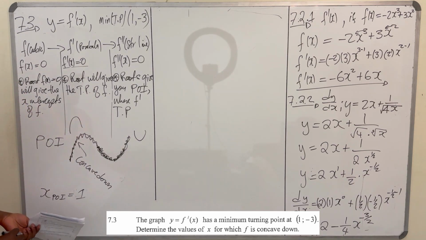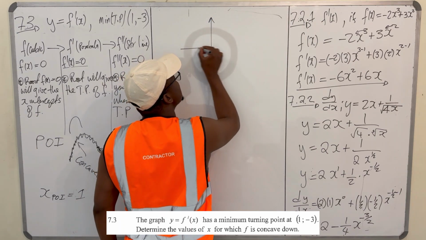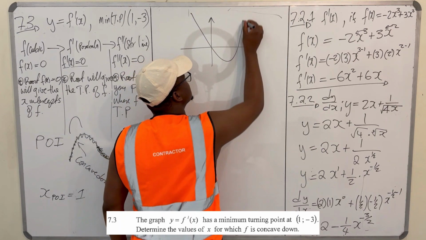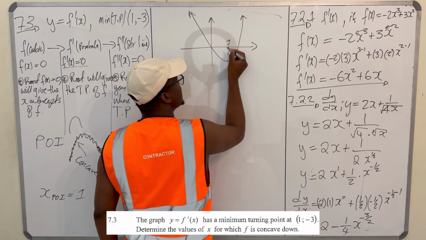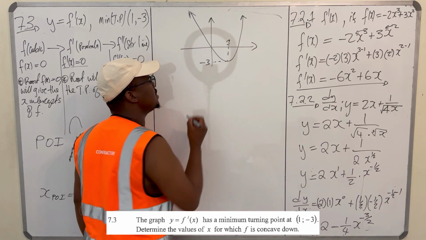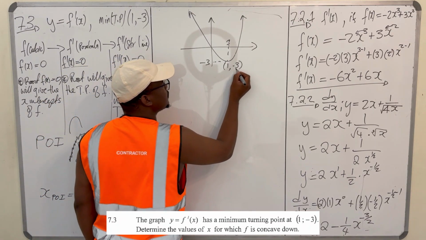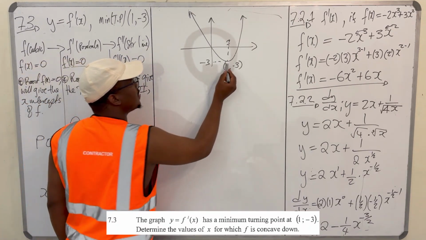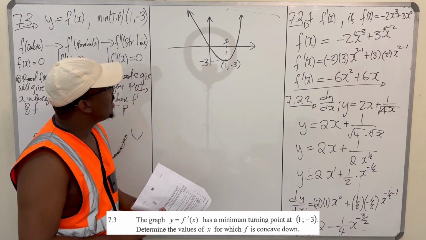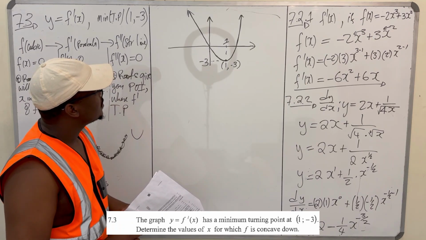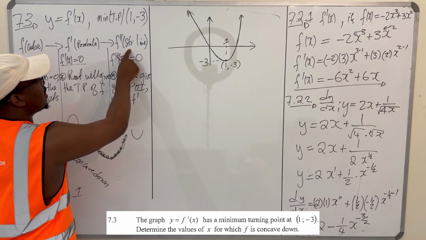So what does that tell you? If it is the minimum gradient, your gradient function has a shape more or less similar to this. Where we have your 1 here, and here you have your -3. So your coordinates here are 1 and -3, at the turning point. Now what we do is draw the concavity function, which means this straight line here.